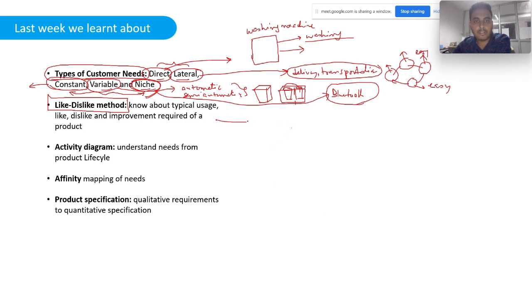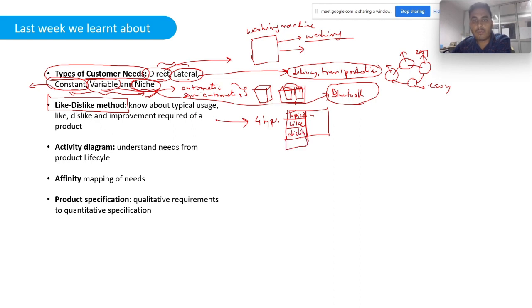Basically we ask four types of questions to every customer. First is what they think about the typical use of the particular product. Second is what they like. Third is what they dislike.